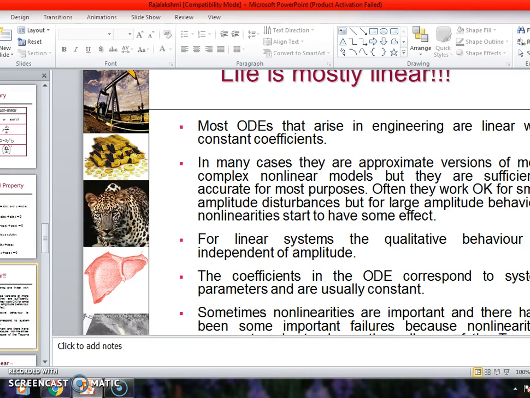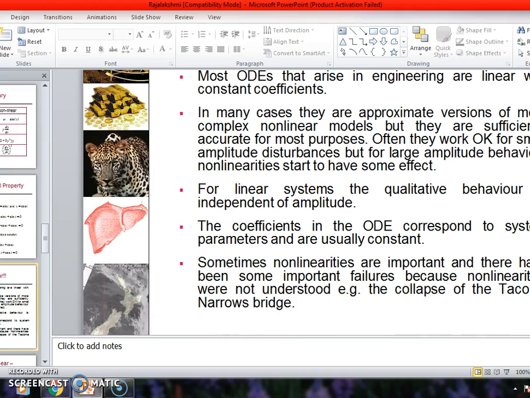Often they work okay for a small amplitude disturbance, but for large amplitude behavior non-linearity starts to have some effects. Sometimes non-linearities are important, and there have been some important failures because non-linearities were not understood.